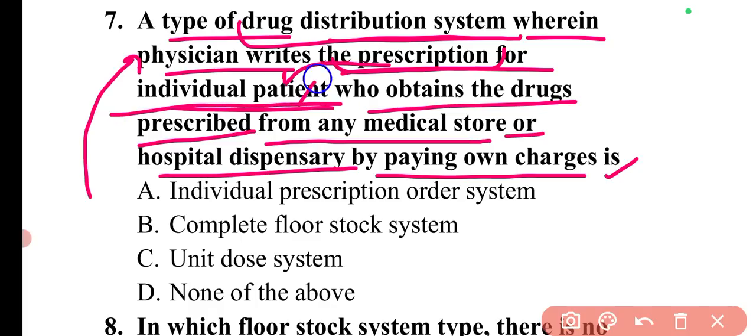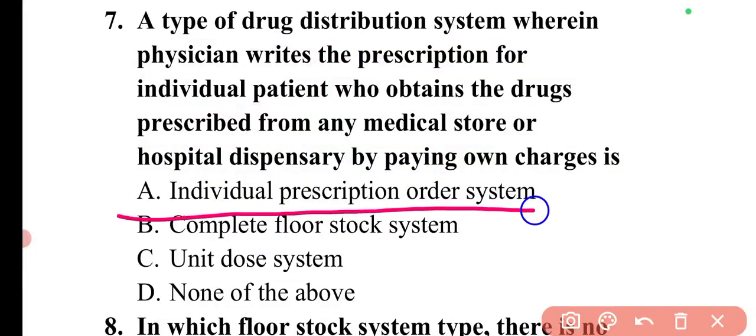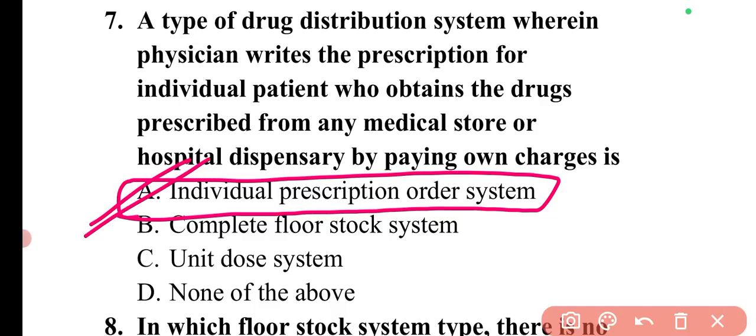Then the individual takes that prescription to any nearby medical store, or the hospital dispensary, like in the OPD. Then he pays for that medicine, and then he leaves. This type of drug distribution system is known as individual prescription order system. So here option A will be the correct answer.